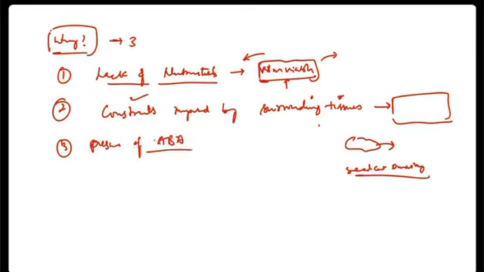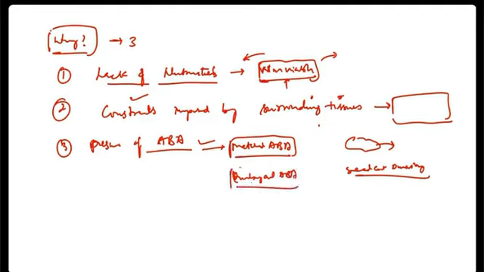For my third point, the presence of ABA, does this mean that the maternal ABA is contributing to the seed, or is transferred into the seed and acting on it, or is it the embryonal ABA that has already been synthesized and is acting on it and inhibiting the germination? Which one is true? Is it the maternal ABA or the embryonal ABA?